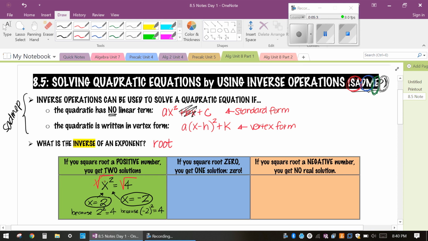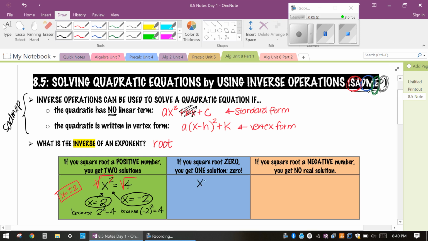The square root cancels the squared, and the square root of 4 has two solutions, positive 2 and negative 2, which instead of writing them both separately, we're going to write like this: x equals plus or minus 2.